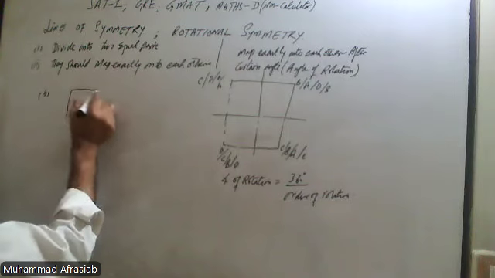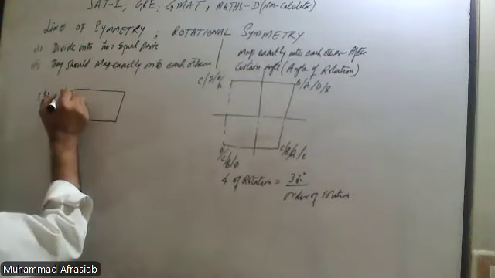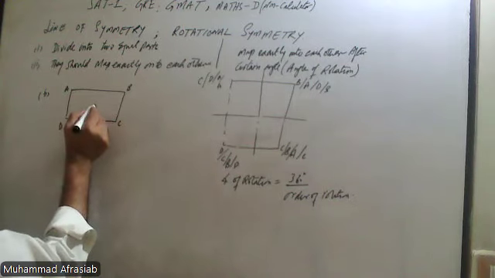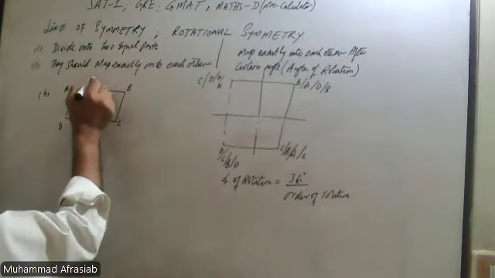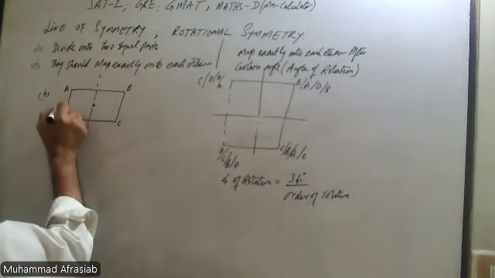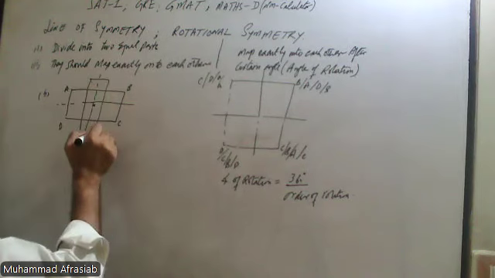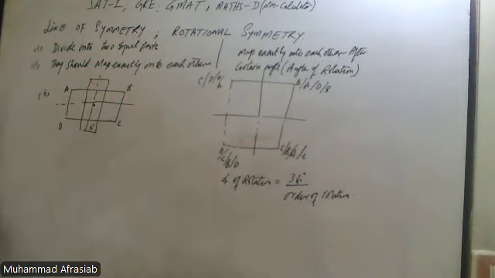Now let's consider the second case, a rectangle. Let's say this is the center. If you rotate it through 90 degrees, the shape will become like this, but it will not map onto the original shape.